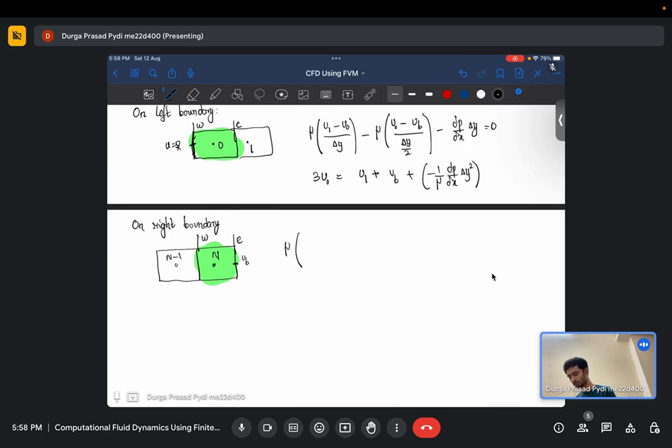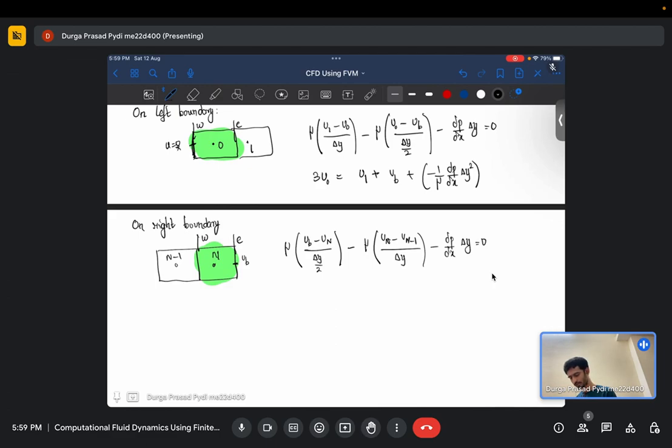So on the east face you will be writing ub minus un by, I'm just discretizing over half a cell, delta y by 2, minus, similarly on the west face, un minus the n minus 1 cell by delta y, equals 0.